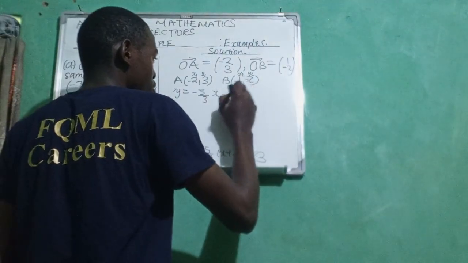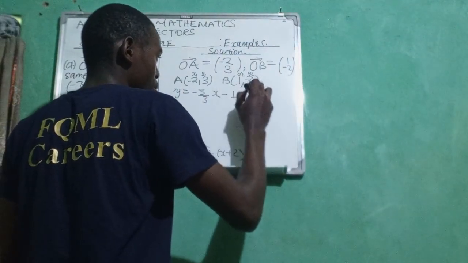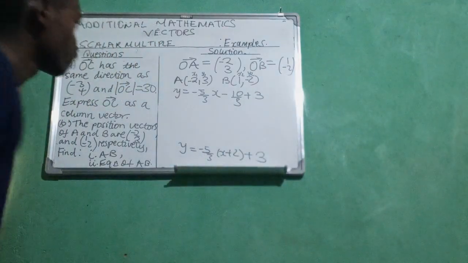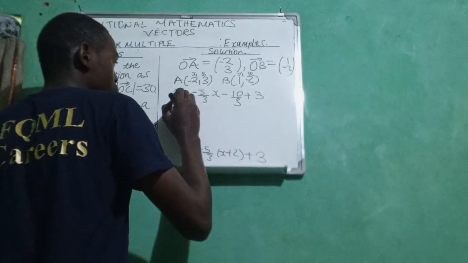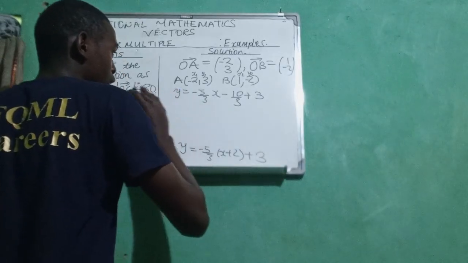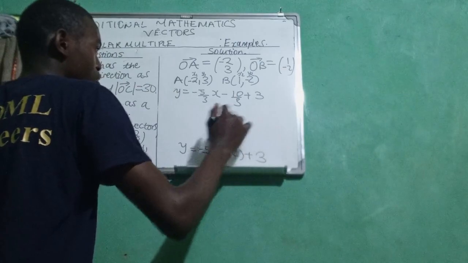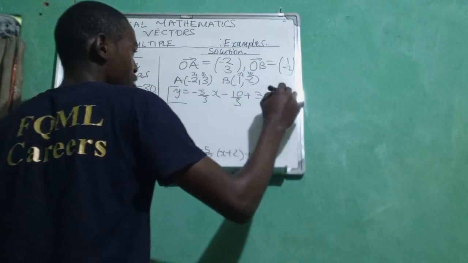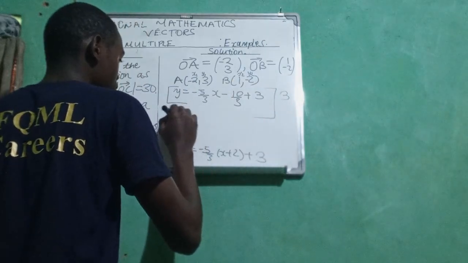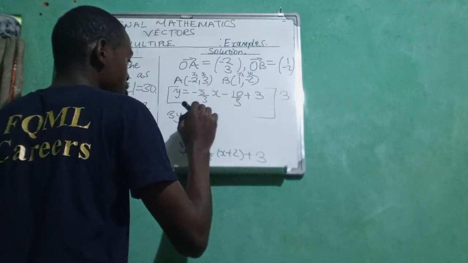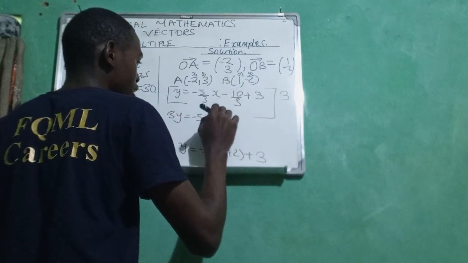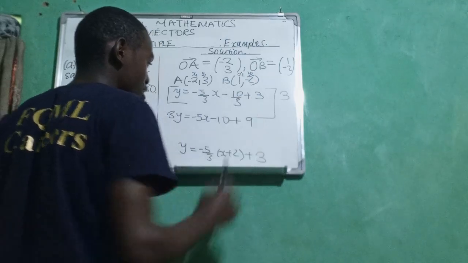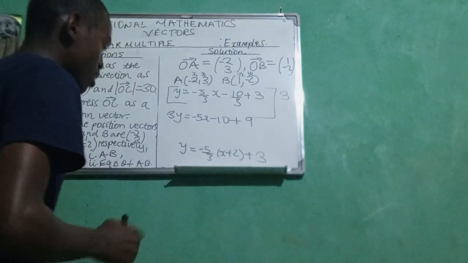y is equal to negative 5 over 3 x minus 10 over 3 plus 3. Then this means that y has the common denominator 3. Let's multiply throughout by 3. So 3y is equal to negative 5x minus 10, plus 3 times 3, which is 9.